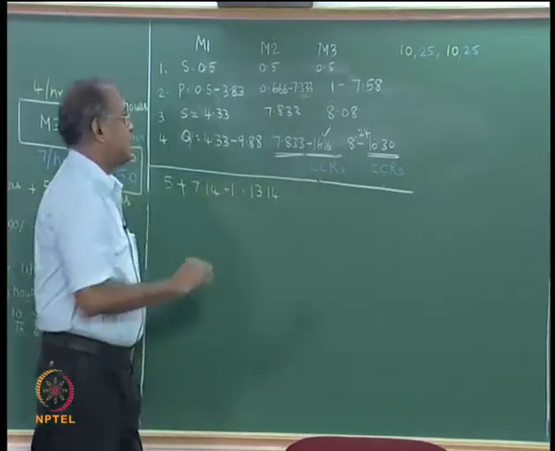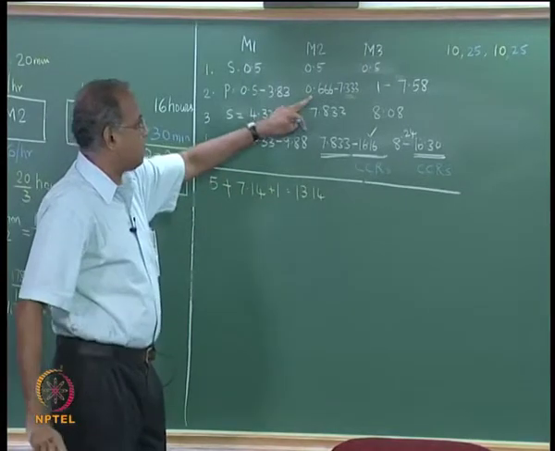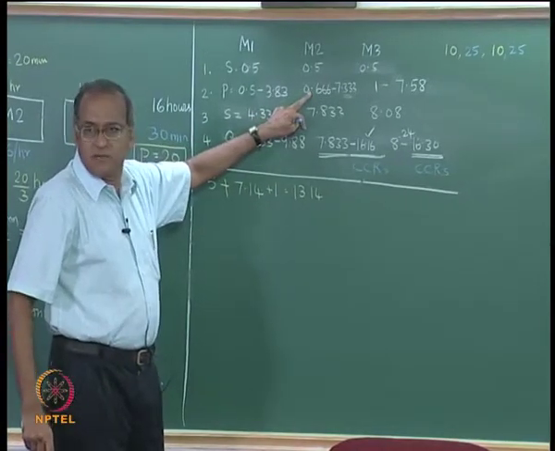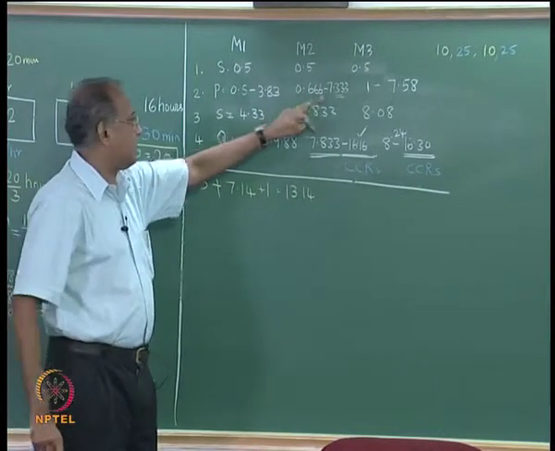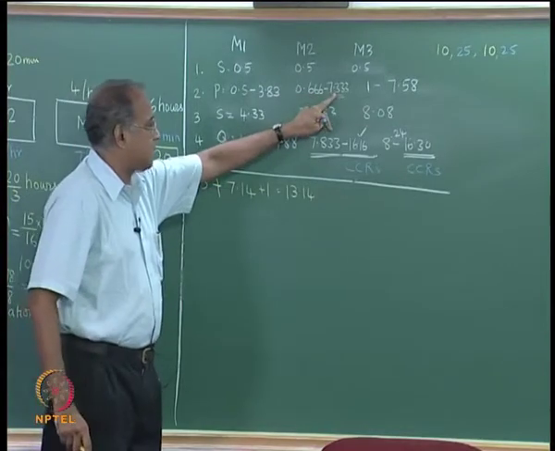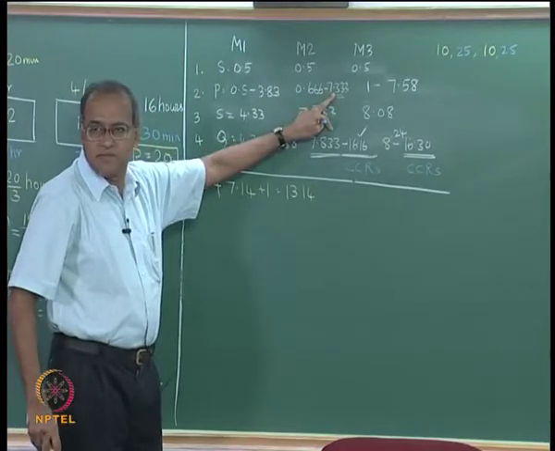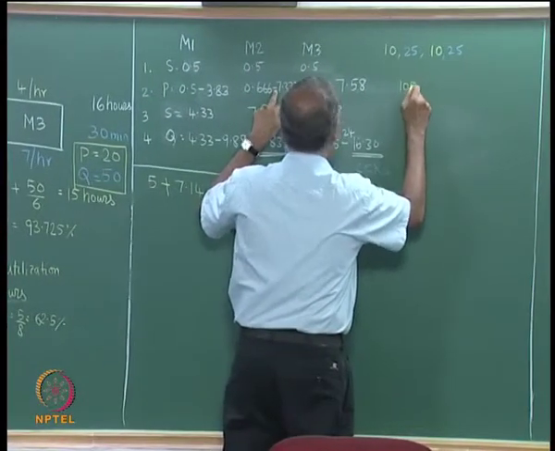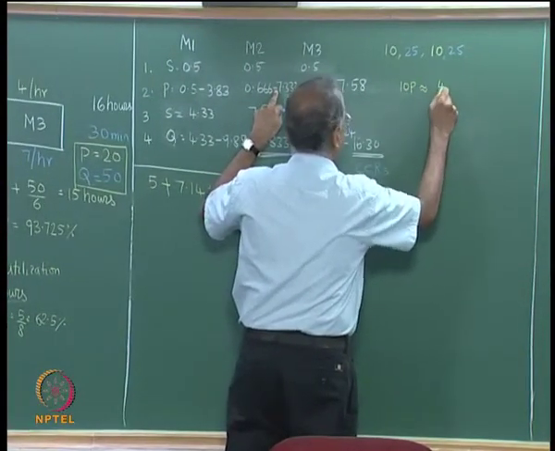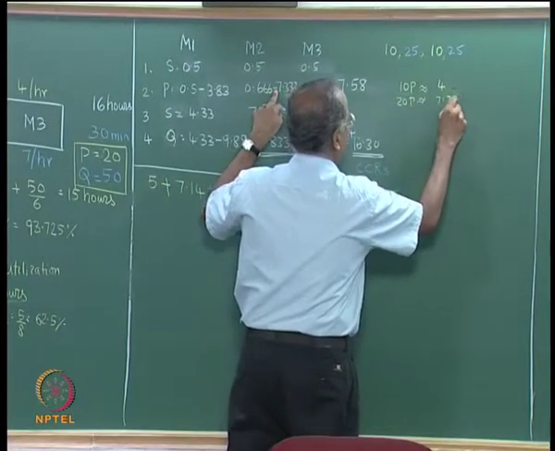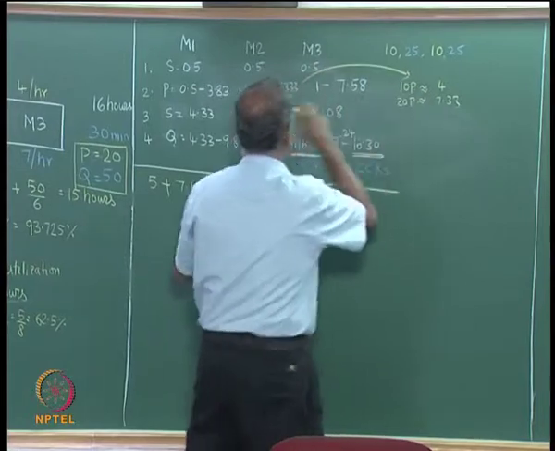So, we can assume that roughly around 3.5, around half of this time, because this is 0.66, it would have produced 10 of P. So, let us just write that this will produce 10 of P at roughly about 4 and 20 of P roughly at 7.33.